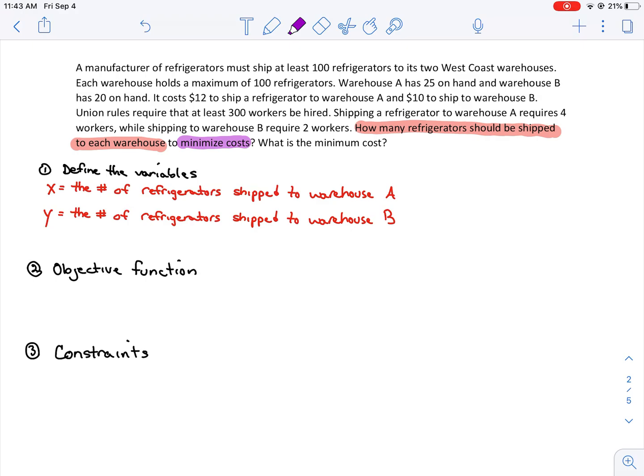The problem states it costs $12 to ship a refrigerator to warehouse A and $10 to ship to warehouse B. So I'm going to let Z equal 12x plus 10y, and we're going to let Z be the total cost to ship the refrigerators.